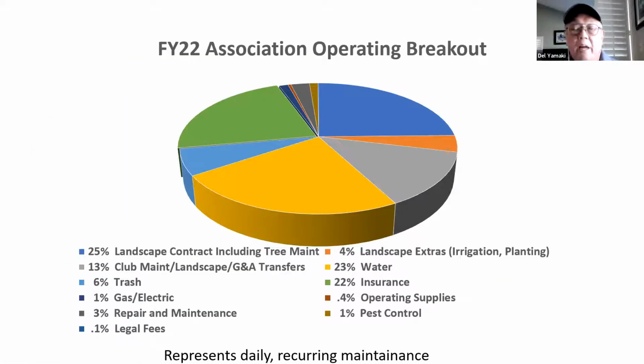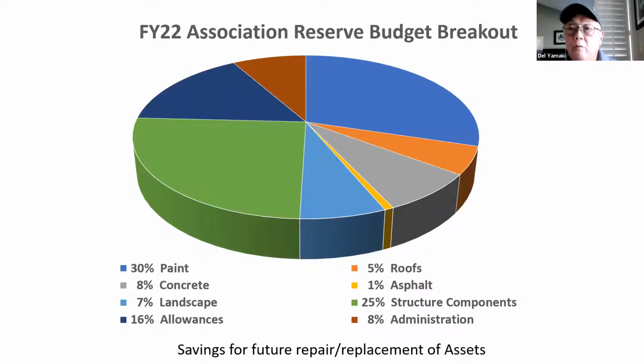On the operating side, this has to do with your daily maintenance: everything from landscaping, trash costs, PG&E, repair and maintenance, and legal fees. You hear a lot about water and insurance. That all comes out of the operating budget. The reserves are monies put aside, savings if you will, for future repair and replacement of our assets.